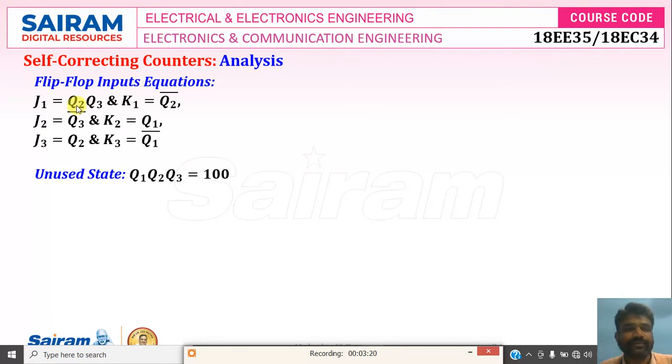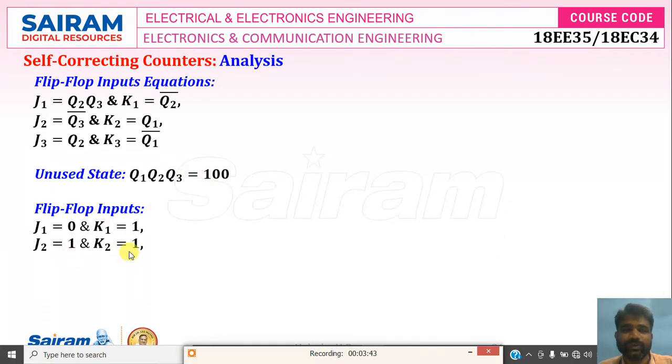For J1, Q1 into Q3, that is 0. K1 is Q2, so that is 1. So J1 is 0, K1 is 1. J2 is 1 since Q3 is 0, and K2 is 1. J3 is Q2, that is 0, and K3 is the complement of Q1, that is 0.